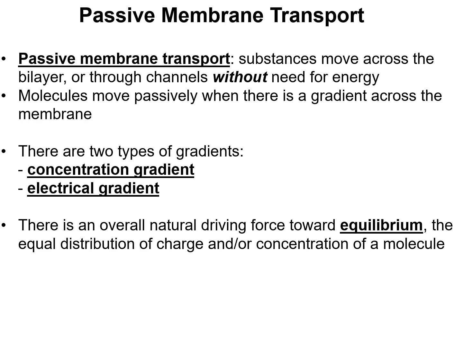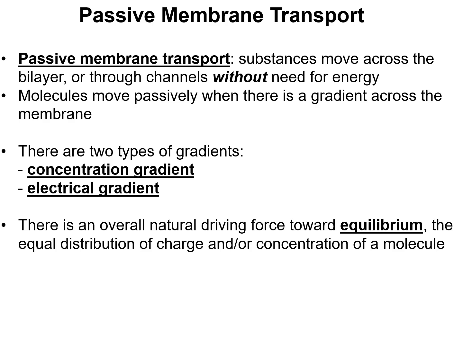So, starting with passive membrane transport. As we said, it is a process of movement of molecules from the area of high concentration to the area of low concentration. And this process does not require energy. The movement of molecules could be from high concentration to low concentration, or from high pressure to low pressure, or it could depend on an electrical gradient.